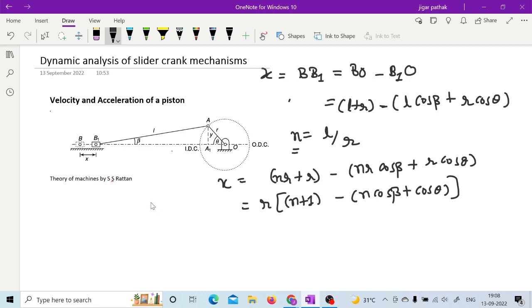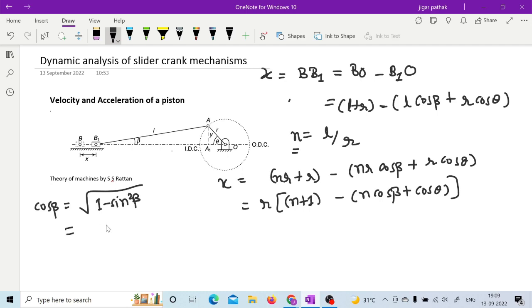Now if you are interested in finding the value of cos beta, then by the geometry of the figure, cos beta can be given by the square root of 1 minus sine square beta.